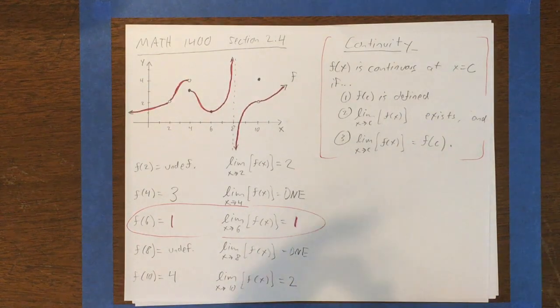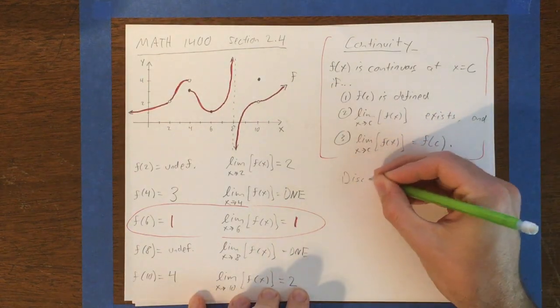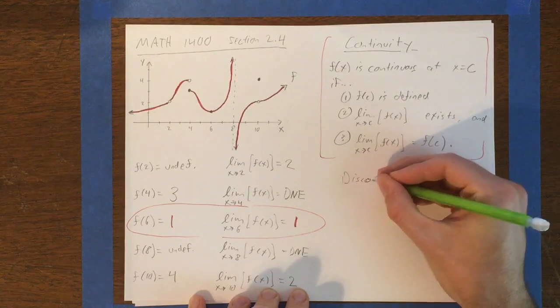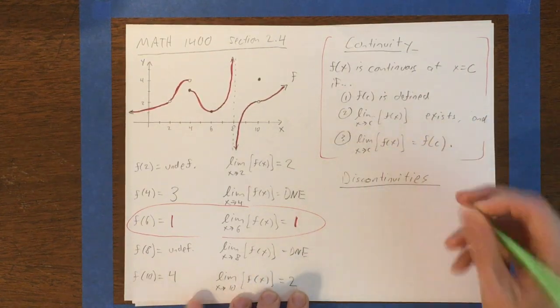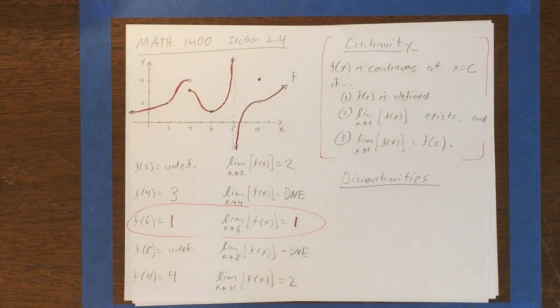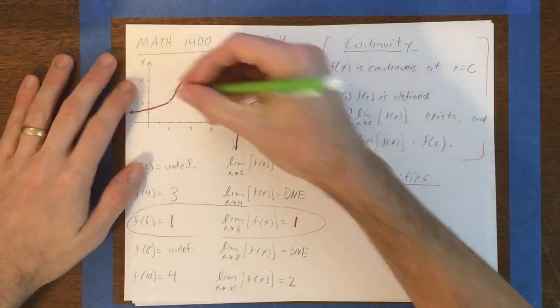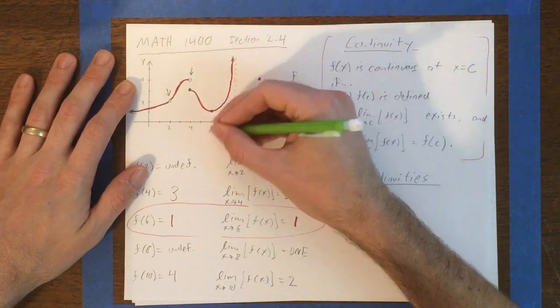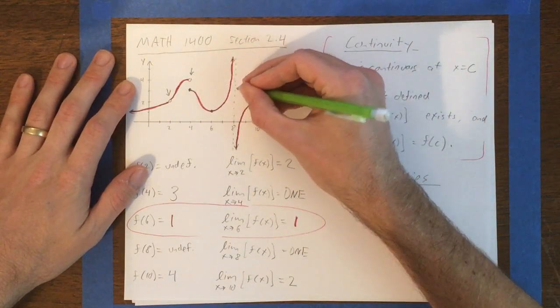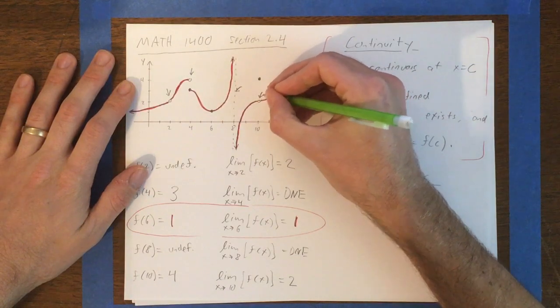We have these discontinuities. Discontinuities are points where the function is not continuous. So we can see in our graph here that, not that one, but I guess this thing, and this point here.